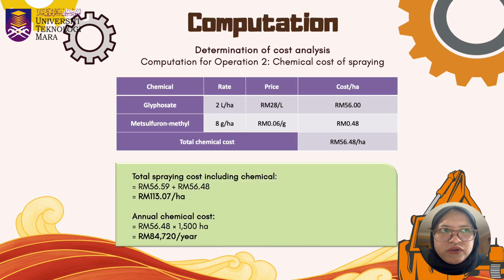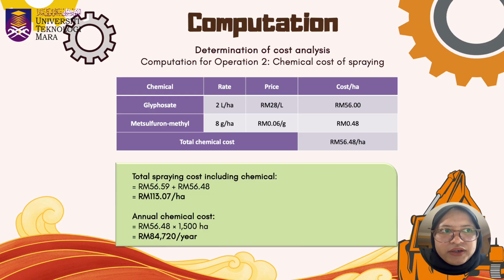And let's continue to the computation of the chemical cost of spraying. We decided to use two chemicals, glyphosate and metsulfuron-methyl, which cost about 56 ringgit per hectare for glyphosate, and 48 cents per hectare for metsulfuron-methyl.